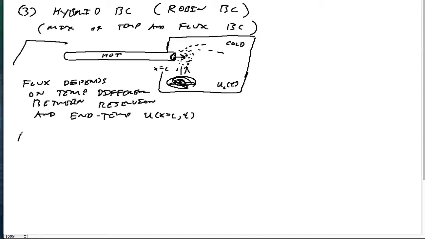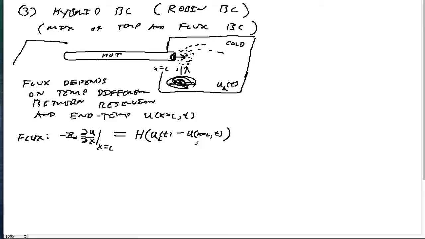We'll say then again the flux from Fourier's law was negative k0, the partial of u with respect to x, and we're going to evaluate it at x equals L. Okay, sounds good. We're going to say that this flux here is going to be determined by the difference between the temperature set outside of the reservoir minus the temperature at the end of our rod, the temperature right there.